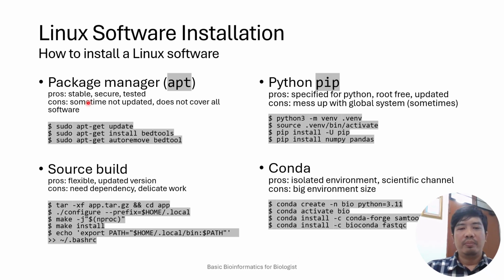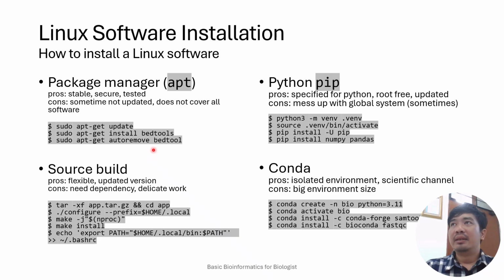We can use this command: sudo means run as administrator, apt is the package manager software, update is the command. For example, if you want to install BadTools, you type apt-get install BadTools. If you want to remove it, you do something like this.